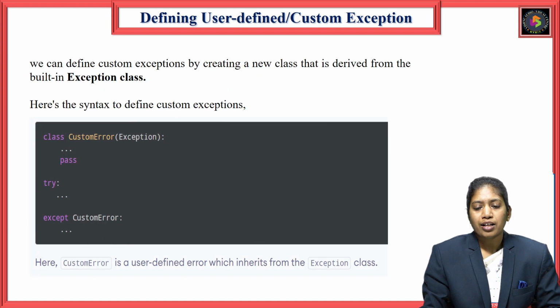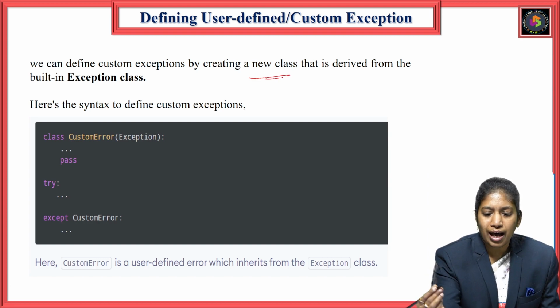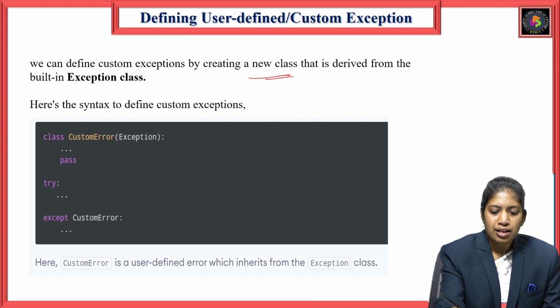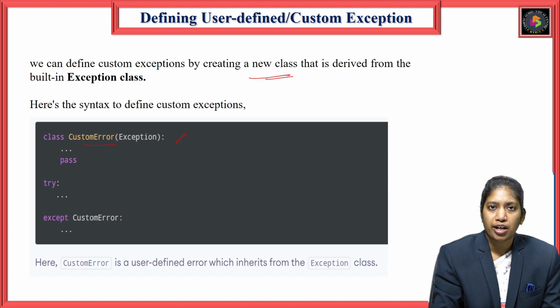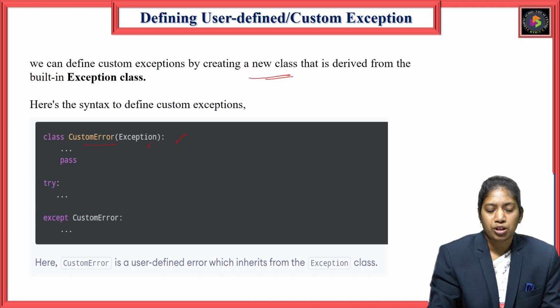Likewise, they follow the same format for creating user-defined exceptions also. So how do we define user-defined exceptions or custom exceptions? We can define a custom exception by creating a new class that must be derived from the built-in exception class. See here, class CustomError is my user-defined exception name, and it must be derived from a built-in exception.